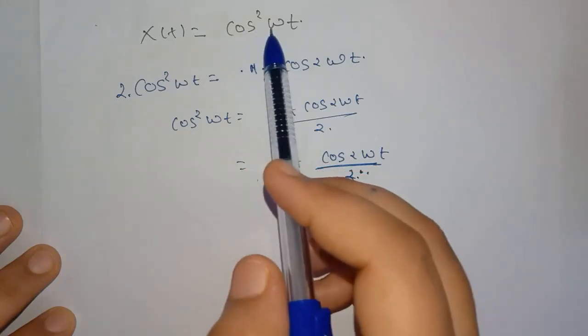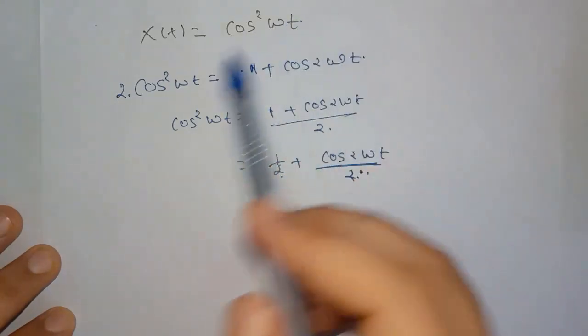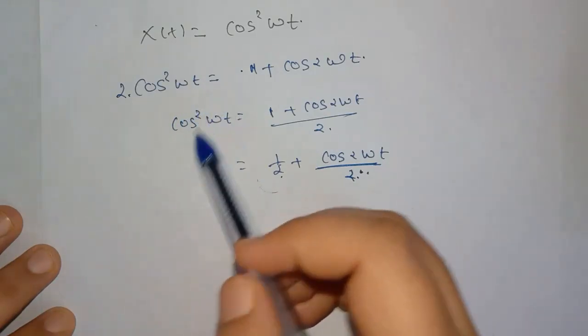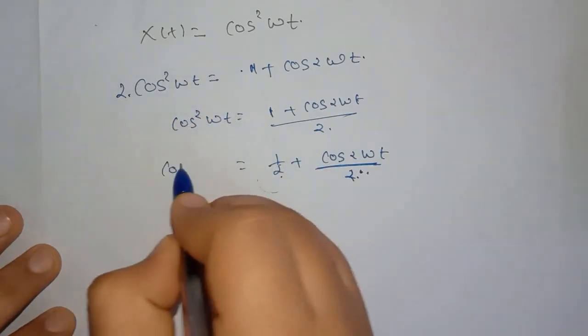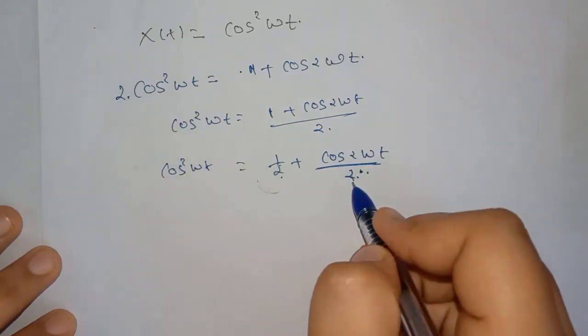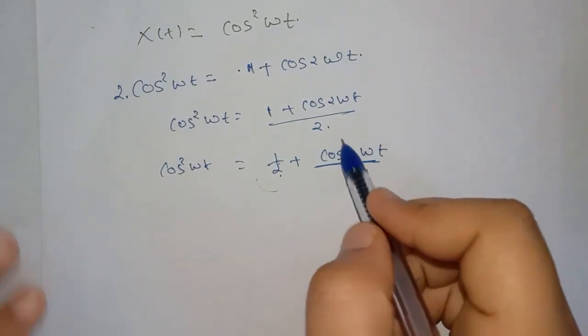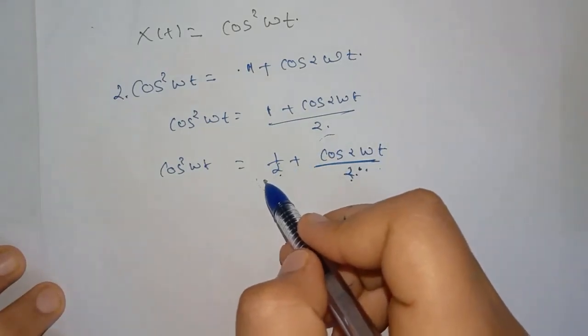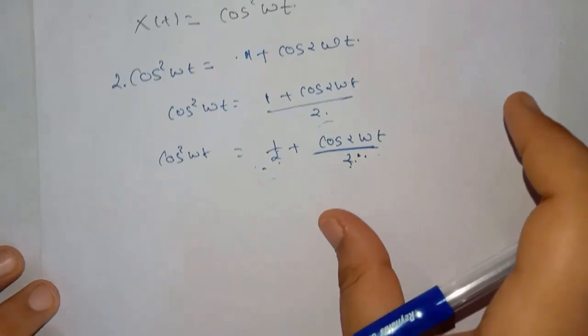The power must always be 1. So for that we have converted this using the trigonometric identity. So we got cos square omega t equals half plus cos 2 omega t by 2. This individual function is SHM, but as it is added with the constant value, it is not SHM.